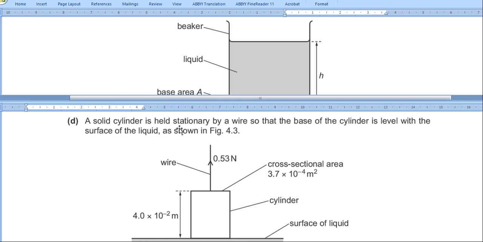A solid cylinder is held stationary by a wire so that the base of the cylinder is level with the surface of the liquid. So we see that because the object is in equilibrium, the weight of the object is 0.53 newton, and this is why it is held by the wire.